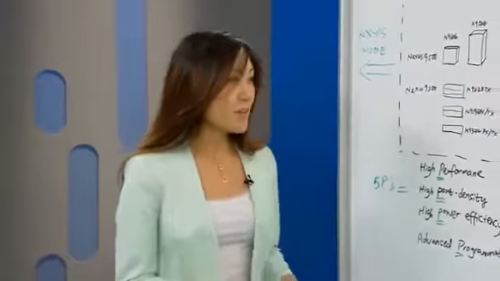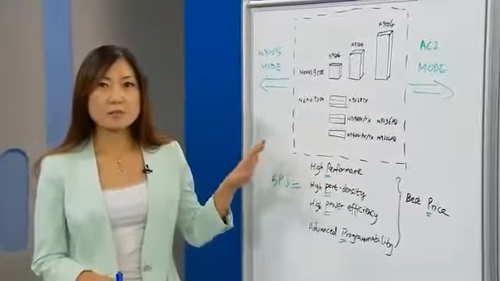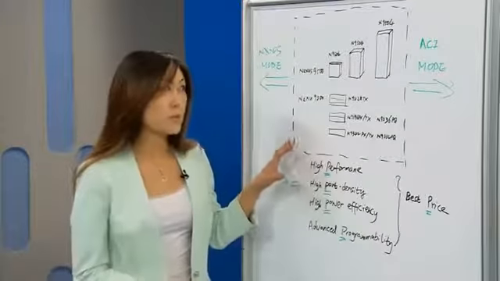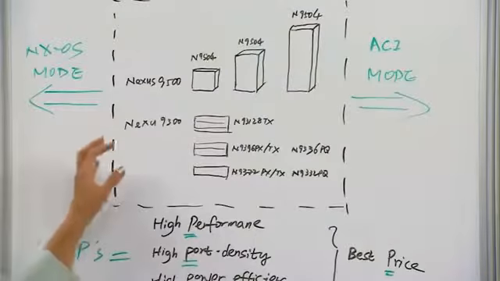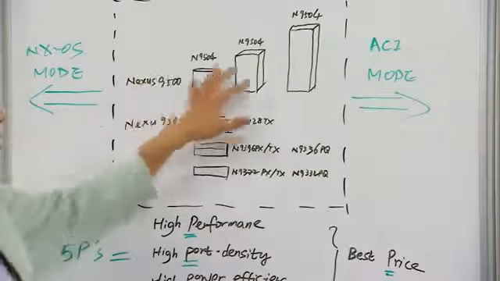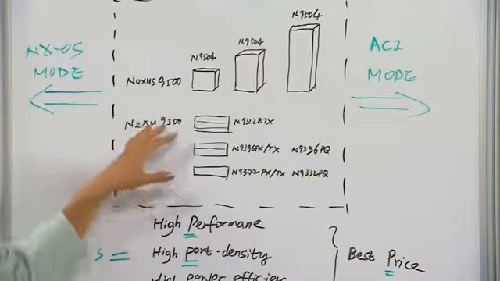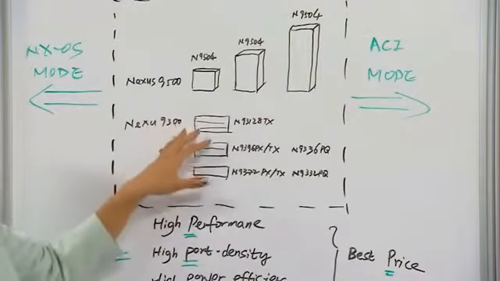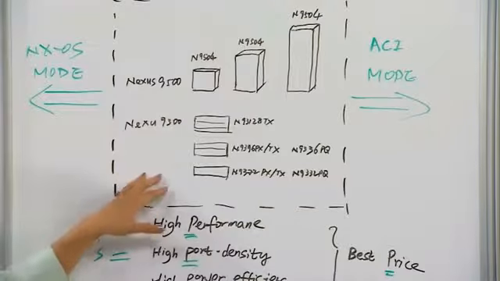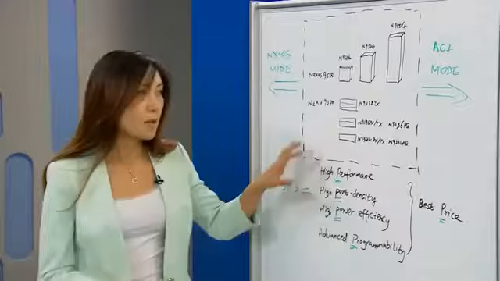All right, so at the beginning, let's take a quick look at the Nexus 9K switch portfolio. Nexus 9000 consists of the modular Nexus 9500 switch lines, and also the fixed Nexus 9300 switch lines of 3RU, 2RU, and 1RU different form factors for different port density and port types.